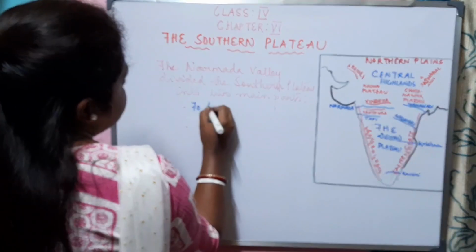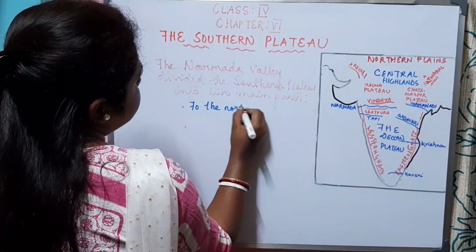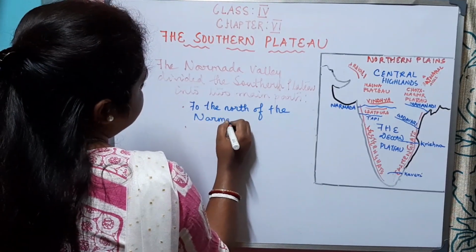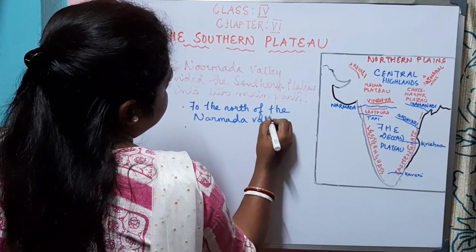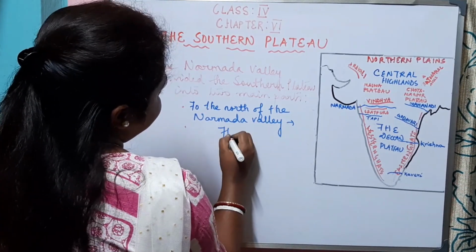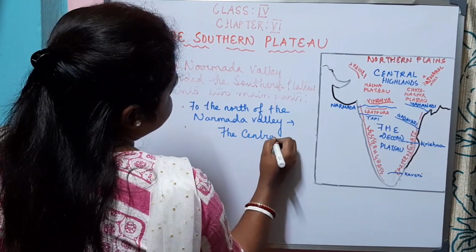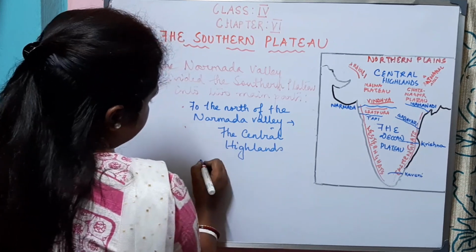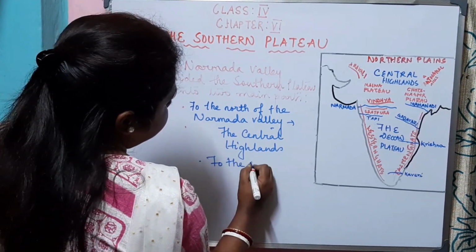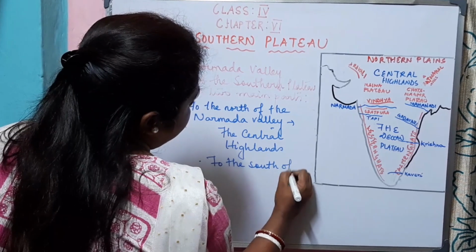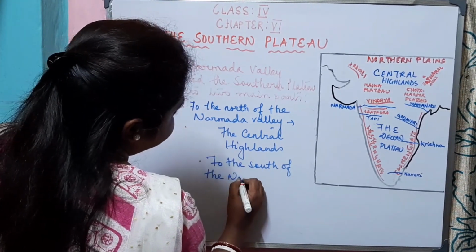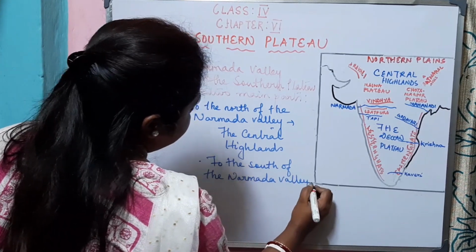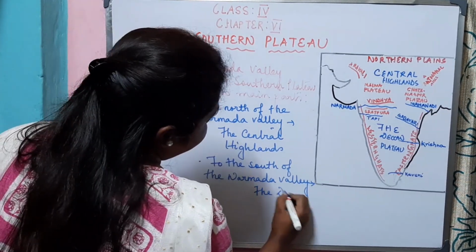So we can say that to the north of the Narmada Valley is the Central Highlands, and to the south of the Narmada Valley is the Deccan Plateau.